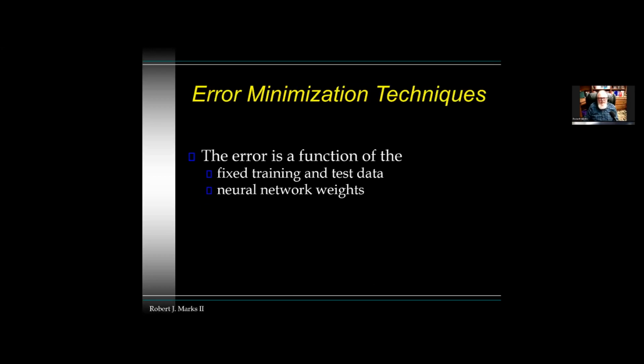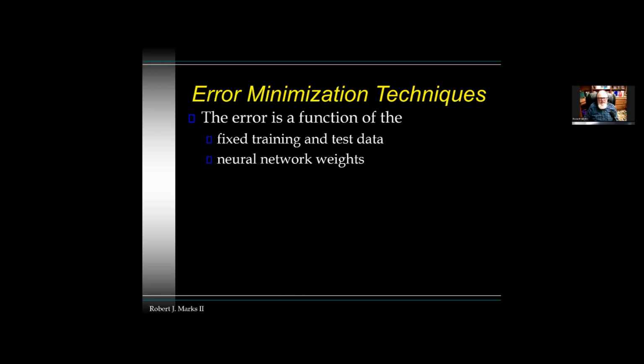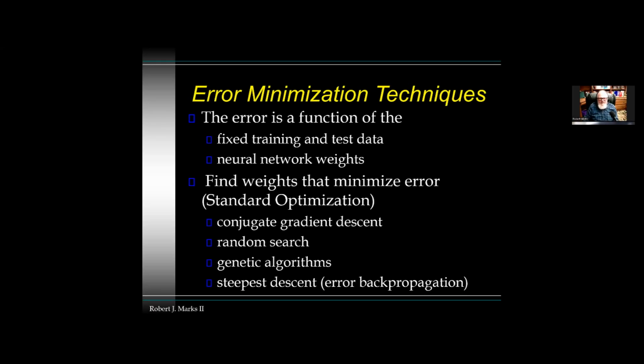So here are minimization techniques. I think of the error as a function of the fixed training data and test data, and it's going to be a function of the neural network weights if we train the neural network. Again, we want to get what we got close to what we want. So the idea is to find the weights in the neural network that minimize the error.